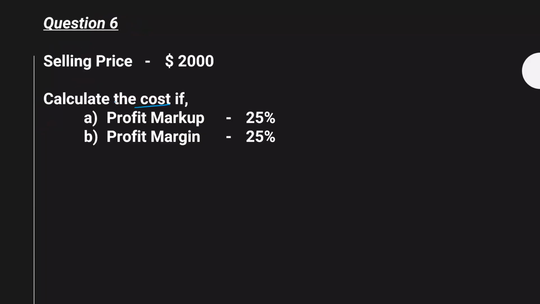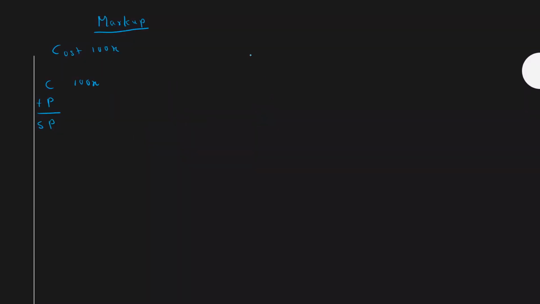Under the markup method, what I have to do first is assume my cost as 100x. Cost plus profit is equal to selling price. If the percentage is 25%, always under the markup method, the profit will be calculated based on the cost.